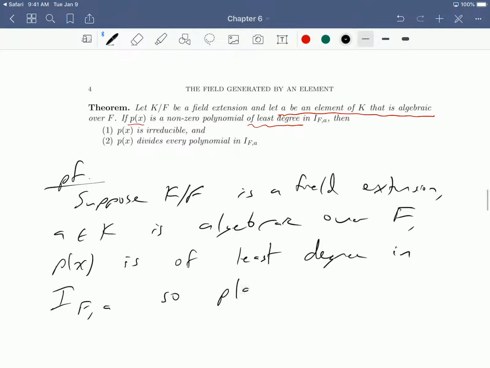So that means p of A is 0. It means A is a root of the polynomial p of x, and the degree of p is somehow minimal in this set of all polynomials that A is a root for.